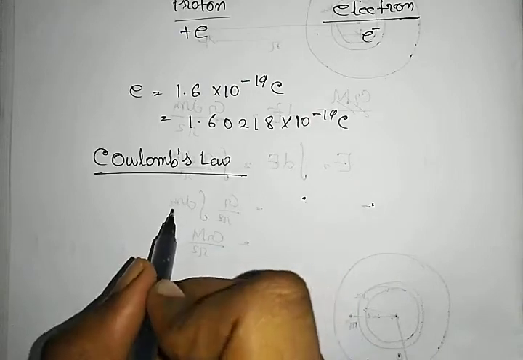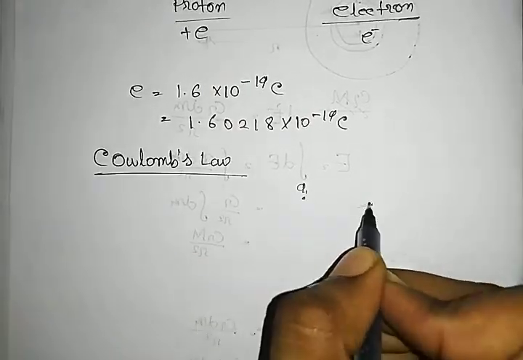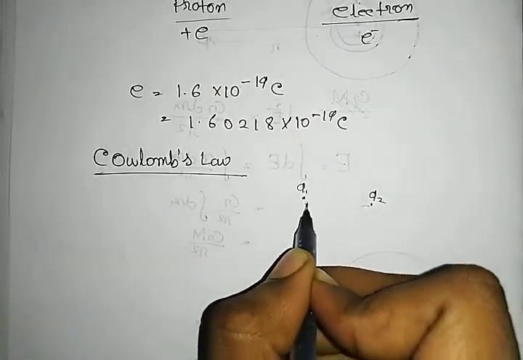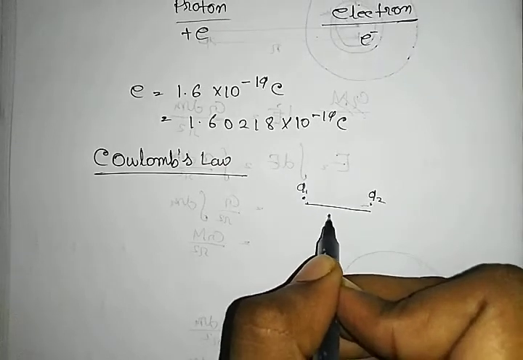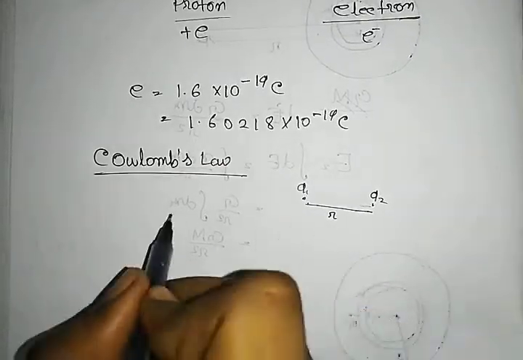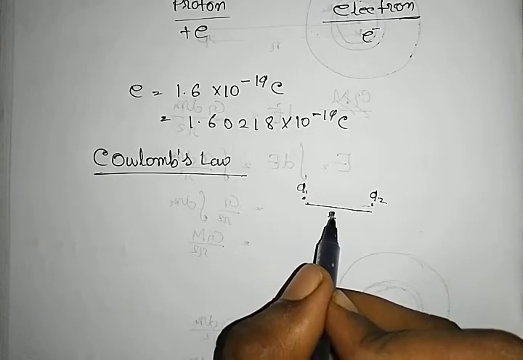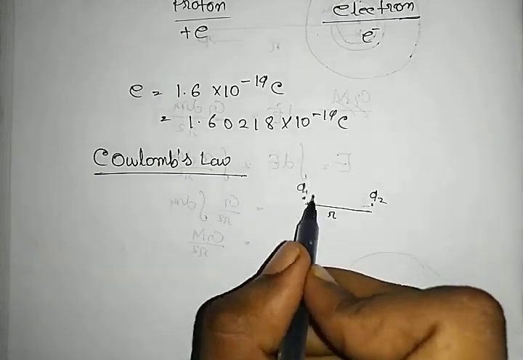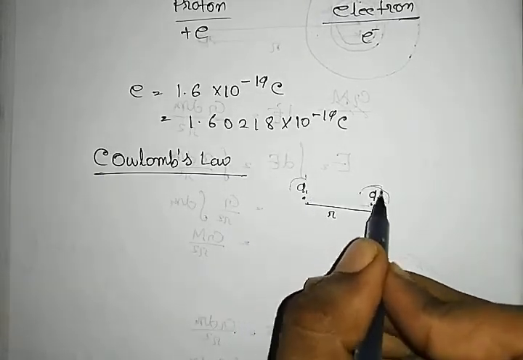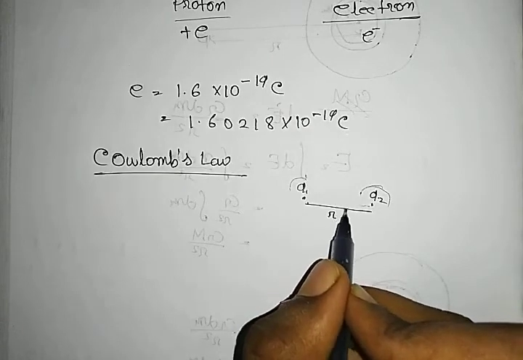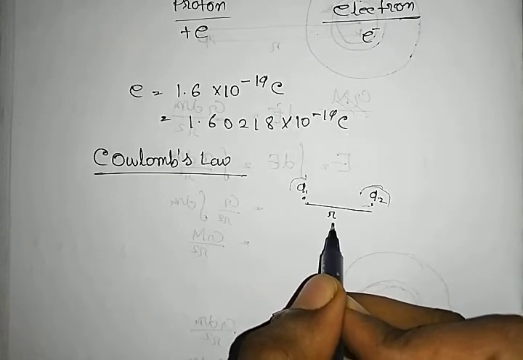So let us consider this charge as q1 and this charge as q2, and the distance between them r. So the force between them will be proportional to q1, proportional to q2, and inversely proportional to the square of this distance r.